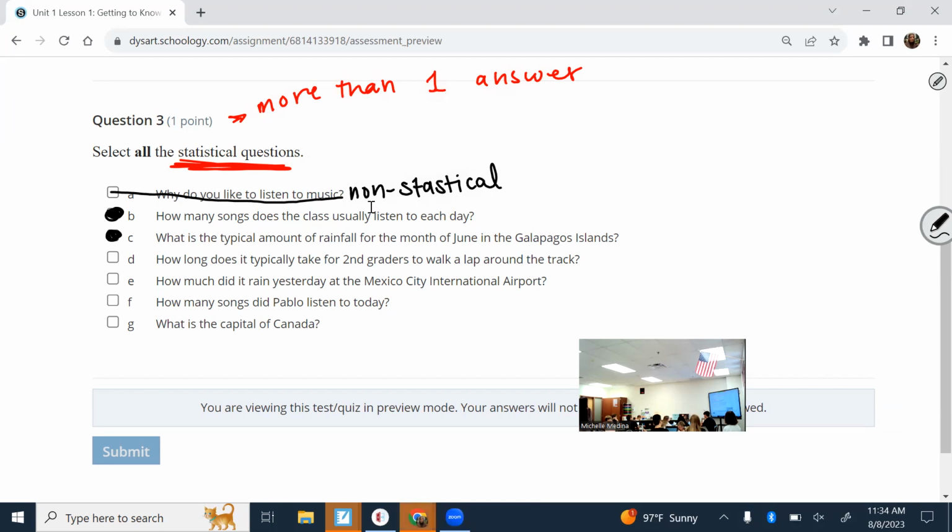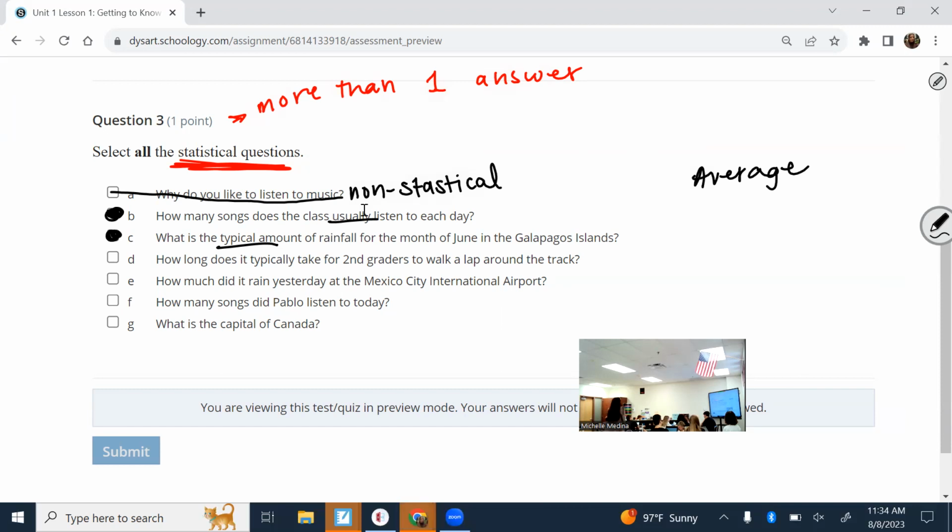And notice this one said usually listen to, or typical amount. What's another word for typical? Average. And if you remember, this unit is about statistics. Finding the average is a statistic in itself. So yes, those are statistical questions.